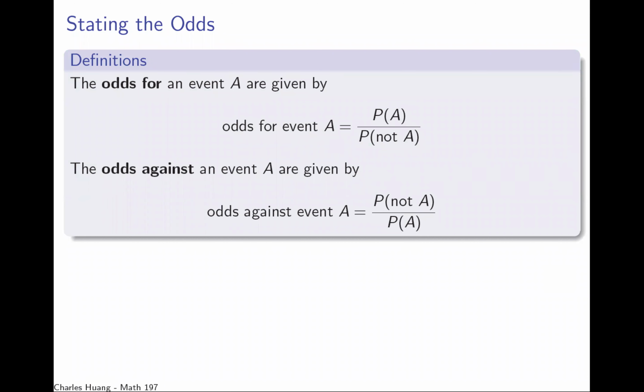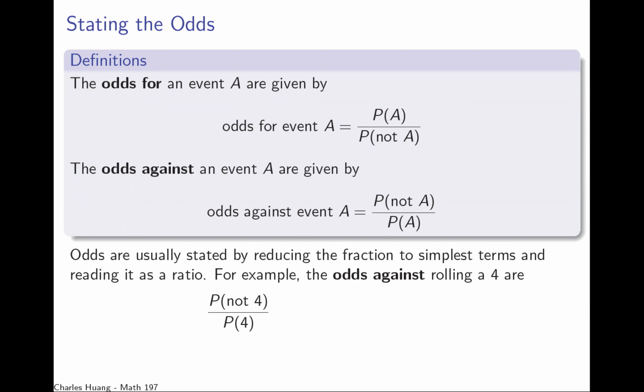One of the last things to tell you is the idea of odds. When we do the odds, we are not talking about probability. We're thinking about the number of times that our event happens and the number of times the event doesn't happen.